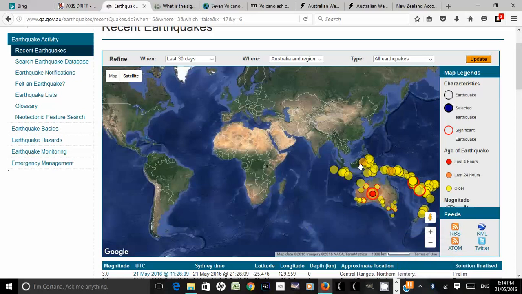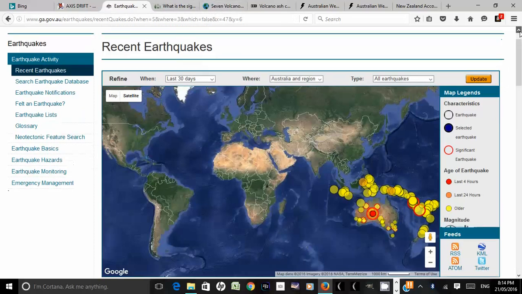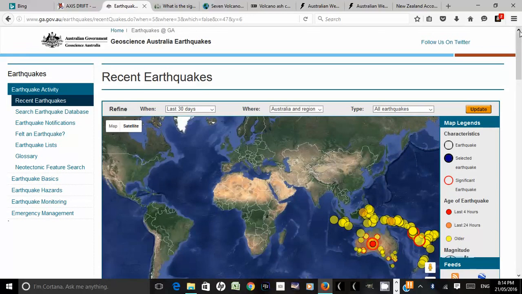You know, I don't think I've ever seen so many earthquakes. Look at that. Bloody hell. It's phenomenal, isn't it? Anyway, I'm digressing. Just thought I'd point that out to everyone. You can go on the Australian website here. Recent earthquakes, Geoscience Australia.